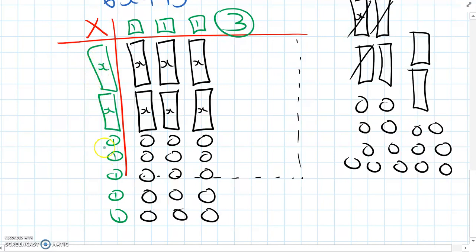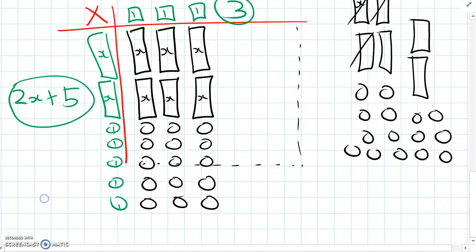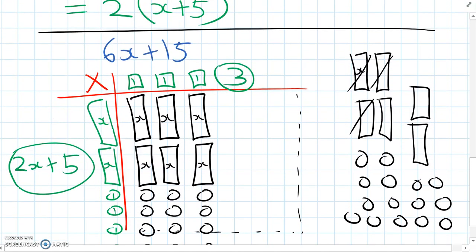So this column, the other factor, is made up of 2 x's plus 5. That's our other factor. So to rewrite 6x plus 15 in factorized form, it's going to be 3 times 2x plus 5.